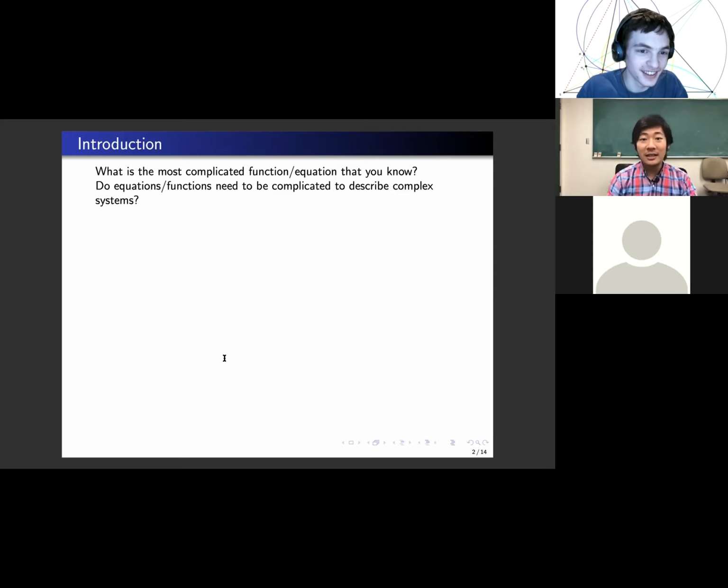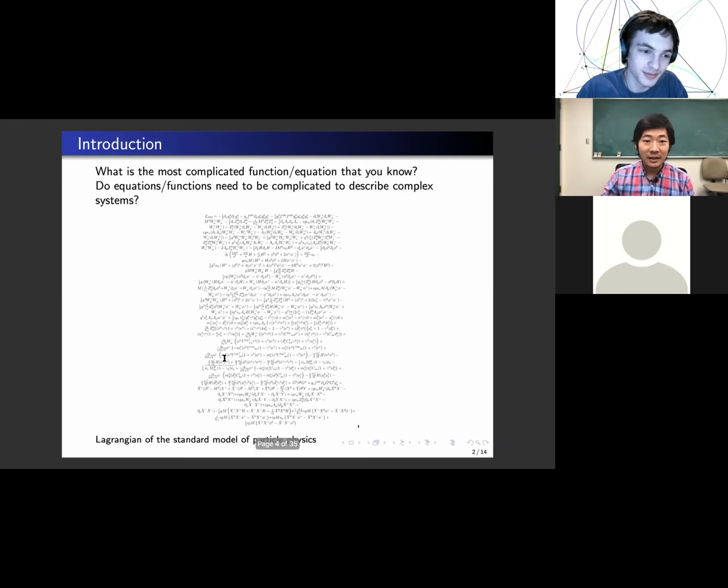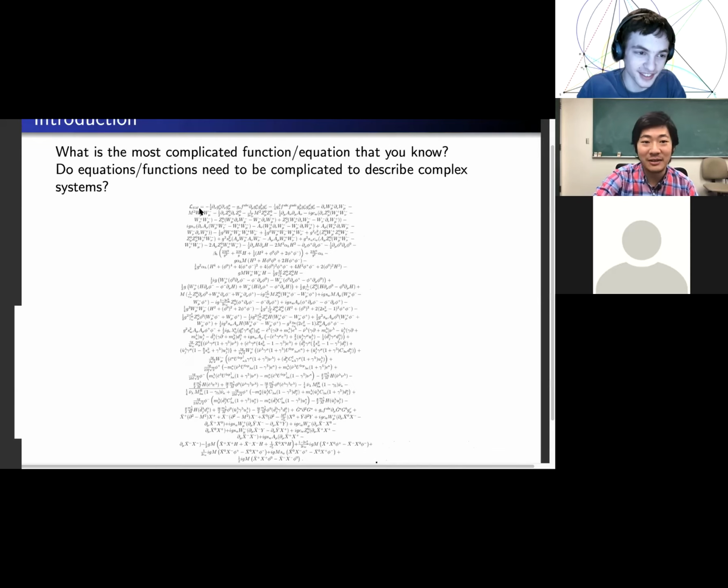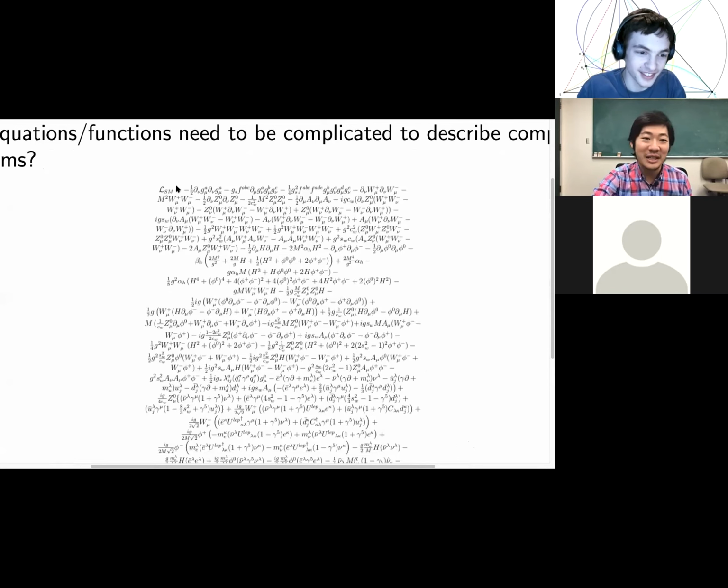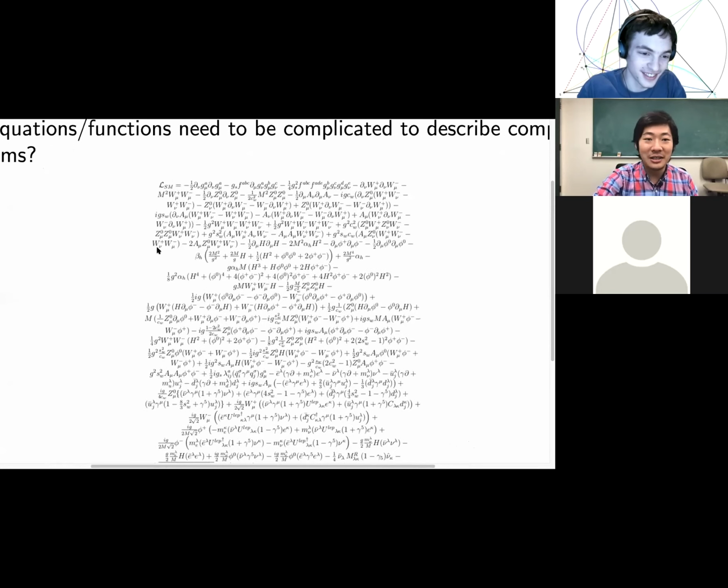So do we need complicated functions or equations to describe complex systems? Maybe. Here's one example. This is what's called the Lagrangian of the standard model of particle physics. This is all just one big function. There's an equal sign, so it's somehow an equation, but this expression is called the Lagrangian.